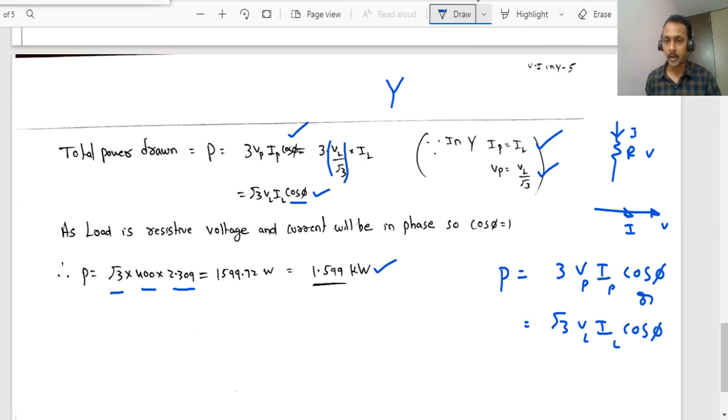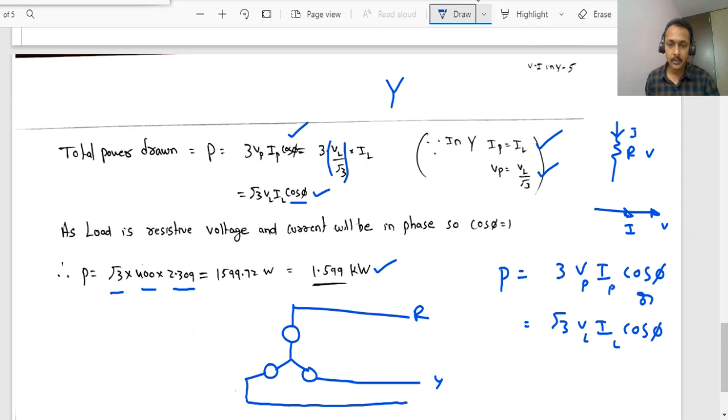L means line values. If you are having a star network like this, if this is R phase, if this is Y phase, and this is B phase, and if you are having a neutral, and between R and this neutral point, this value is called the phase value. This is simply VR value. But if you measure between this R line and Y line, then this value is called line value. Simple, very simple.